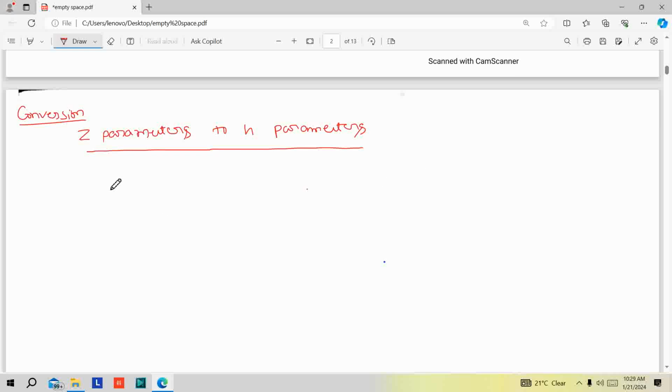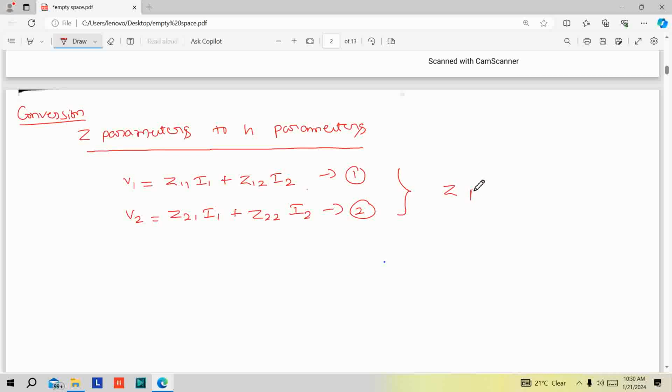First, define Z parameters. Z parameters are V1 equals Z11 I1 plus Z12 I2; call this equation 1. Similarly, V2 equals Z21 I1 plus Z22 I2; call this equation 2. So these are Z parameters.